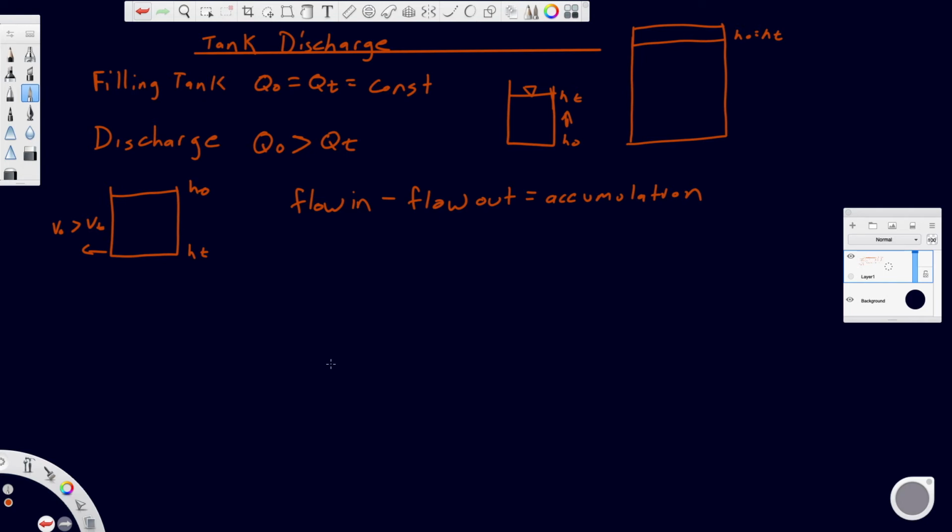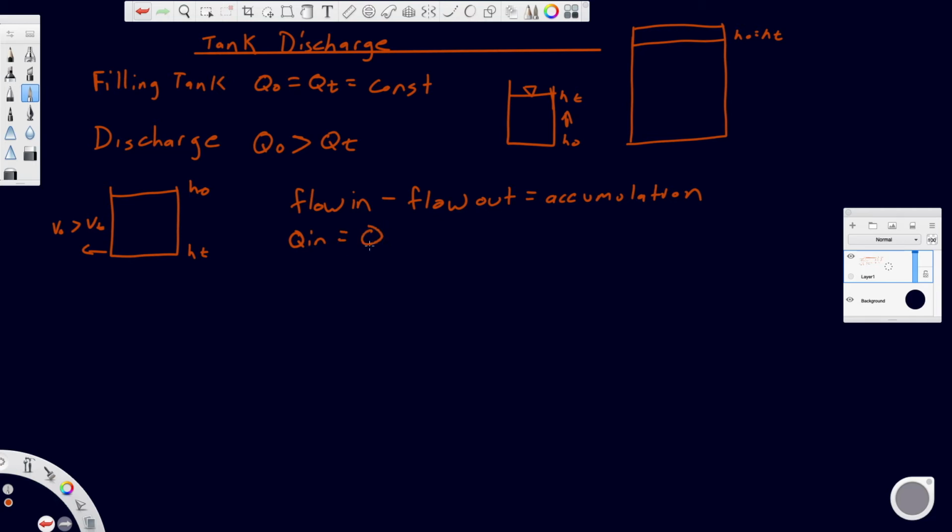So this is going to be basically, your accumulation is going to be your discharge, right? And in this case, we're going to say that our flow in is going to be 0. In this example, we want to keep things no more complex than they're already going to be. So we're going to say Q in is equal to 0.